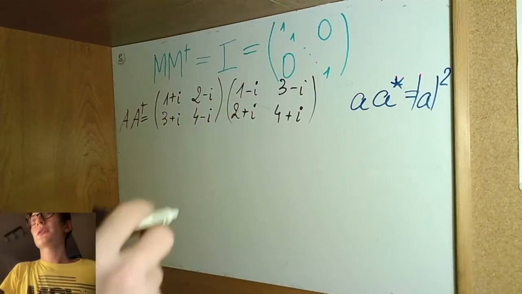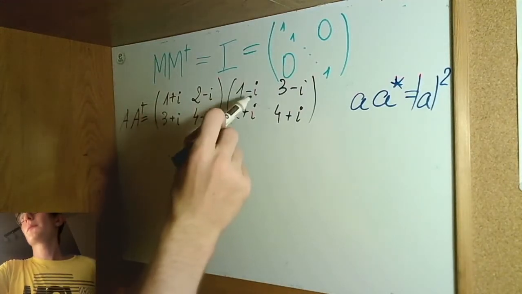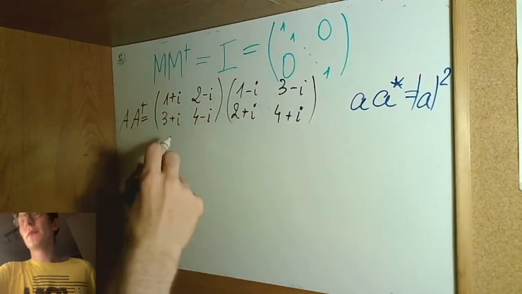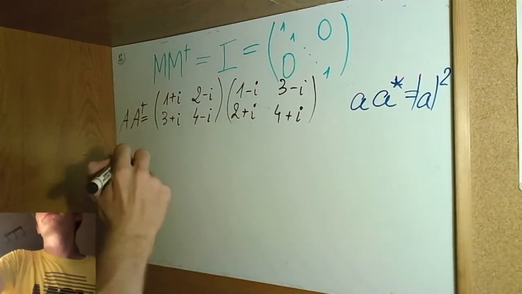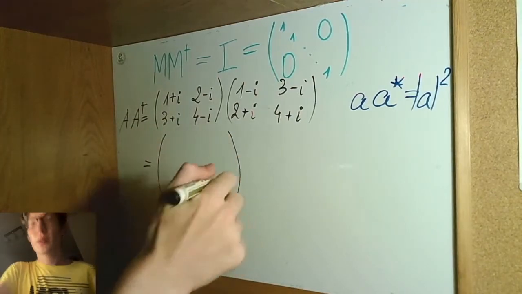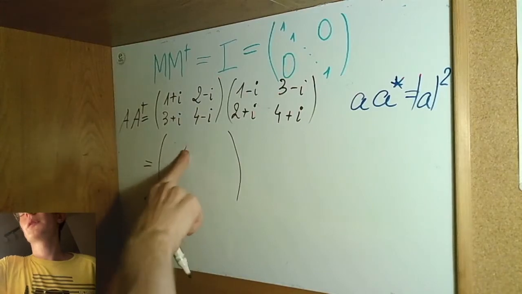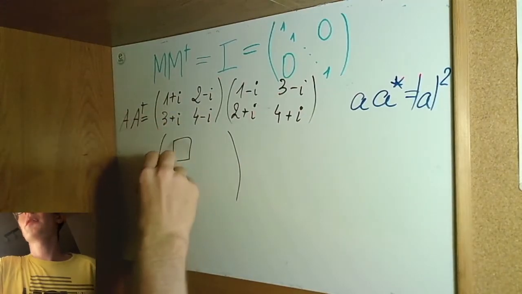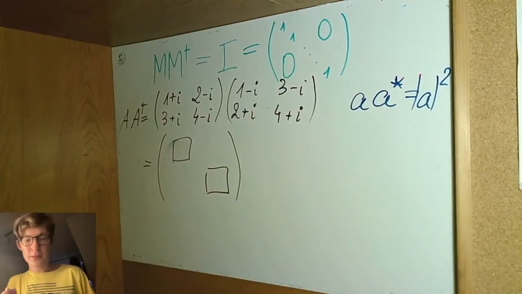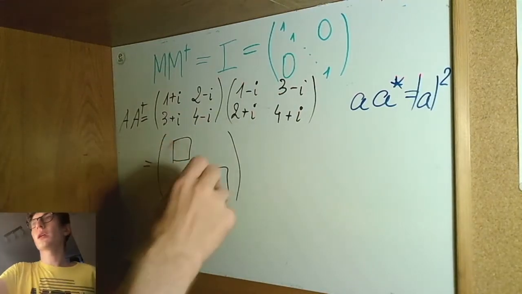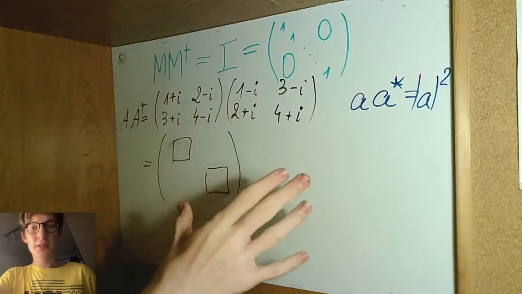So actually, when we compute the numbers on the diagonal of the resulting matrix, because we get some matrix here, we want them to be ones if this product is a unit matrix.